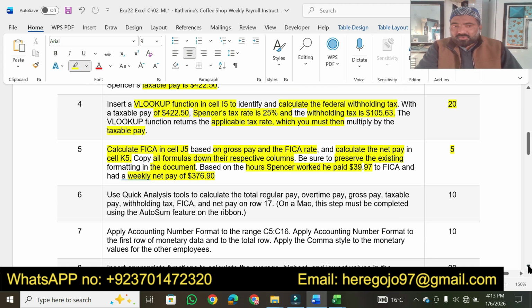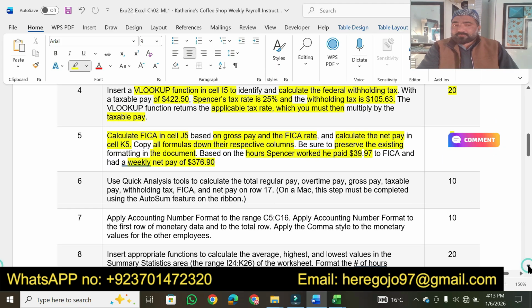After solving question number 3, we moved toward question number 4, where we have to insert a VLOOKUP function in cell I5 to identify and calculate federal withholding tax with a taxable pay of 422.50. The tax rate is 25%, and the withholding tax is 105.63.